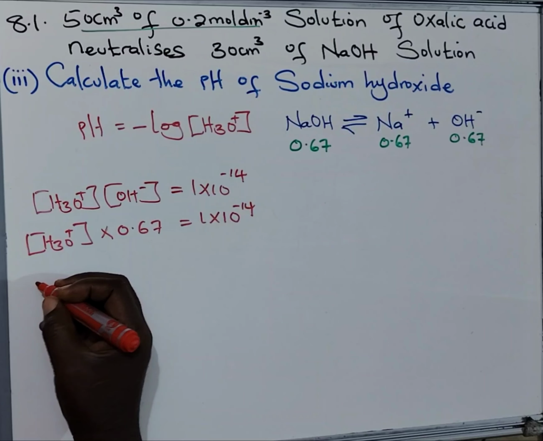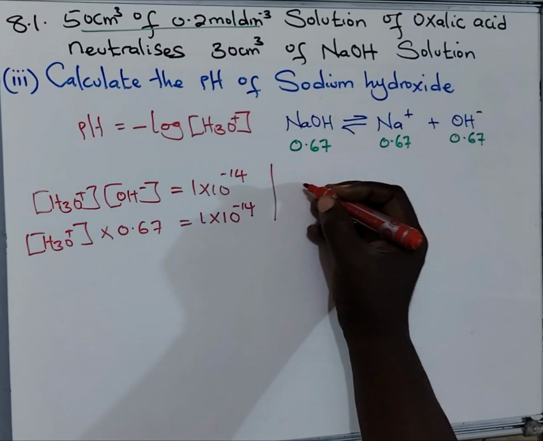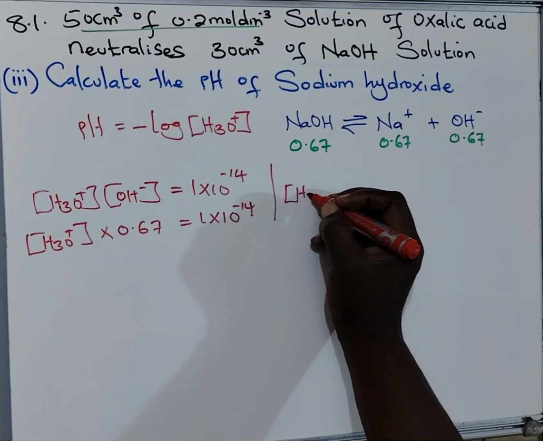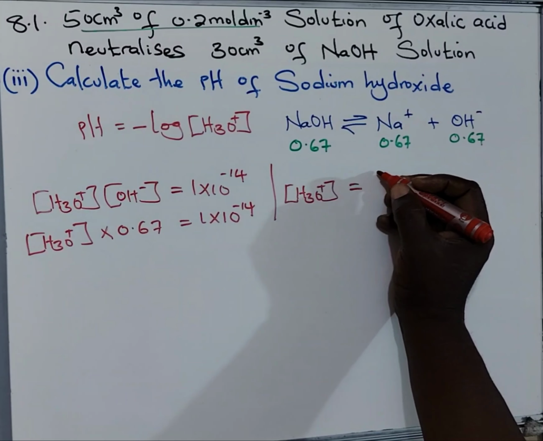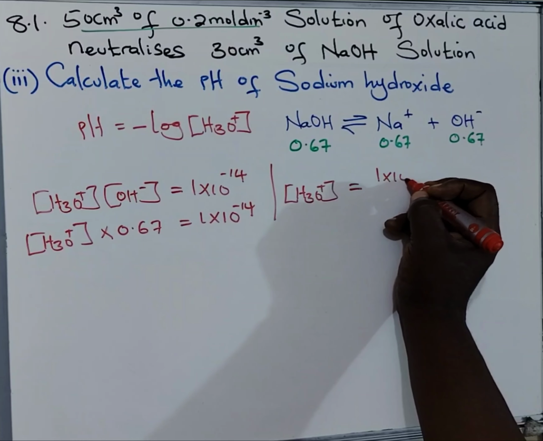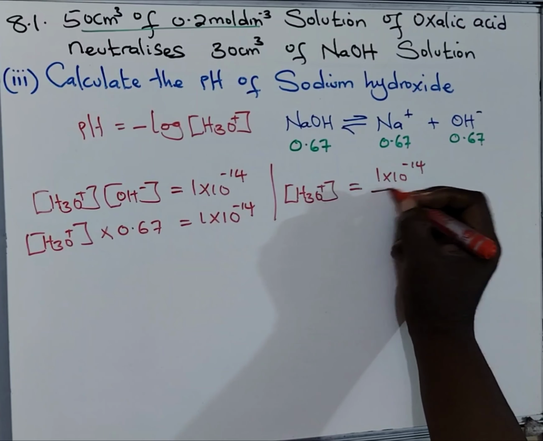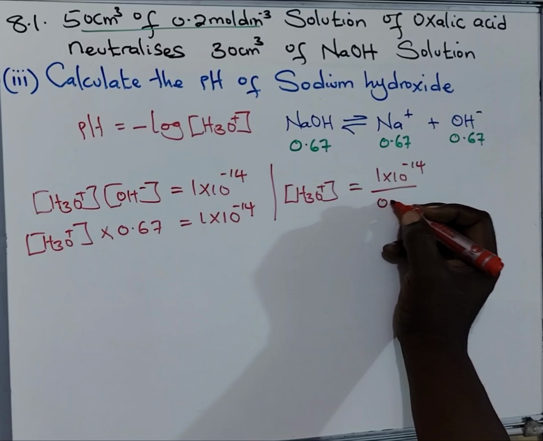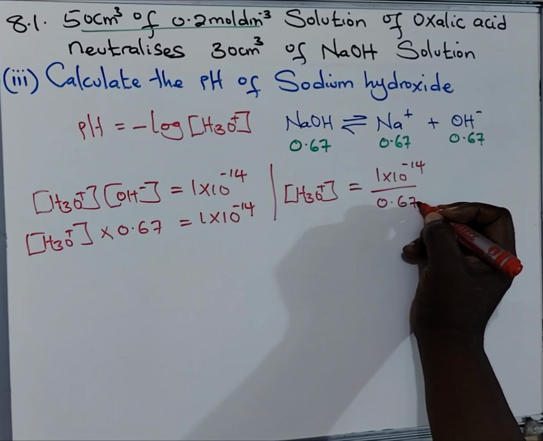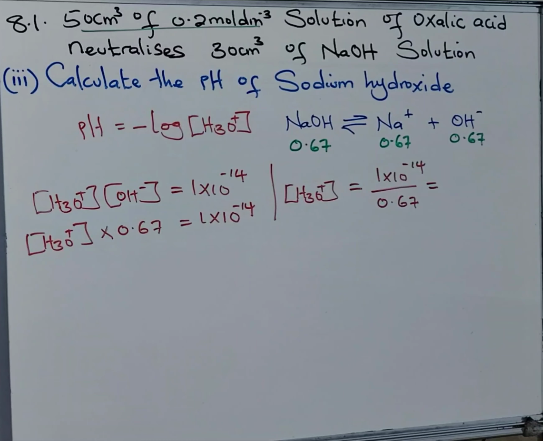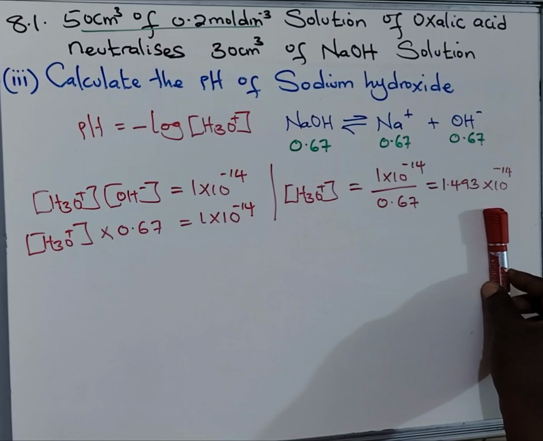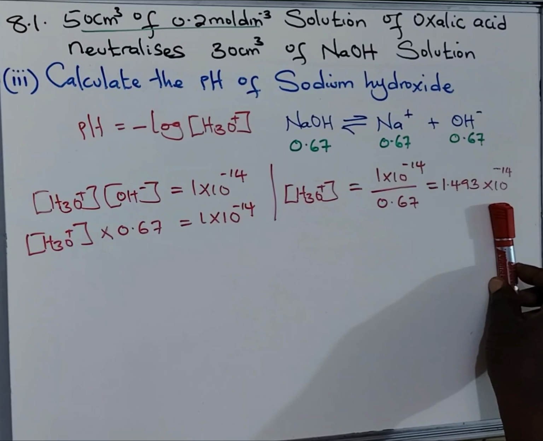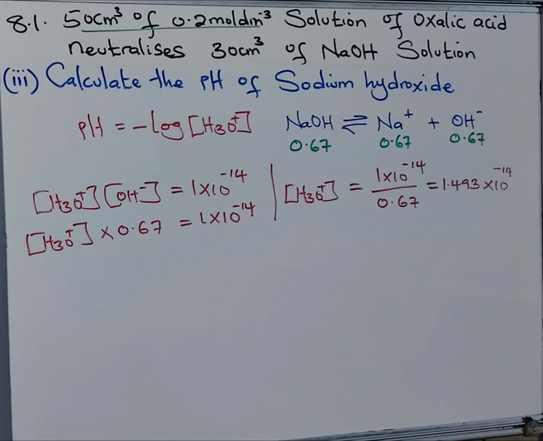From here, what are you going to say? We are going to say concentration of hydronium ion is equal to 1 times 10 power minus 14 divided by 0.67. So there we are. Now we have the concentration of hydronium ions, which we need to put in our equation.